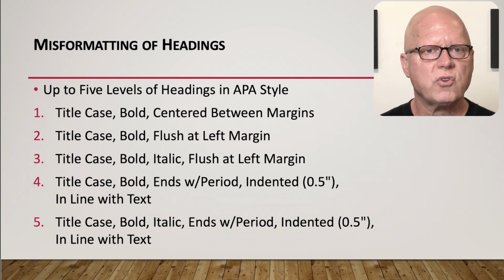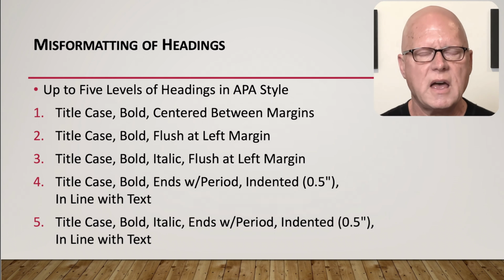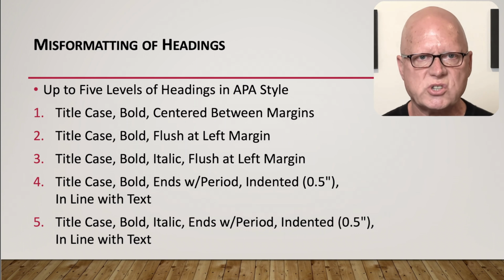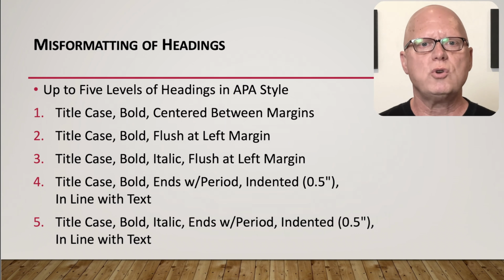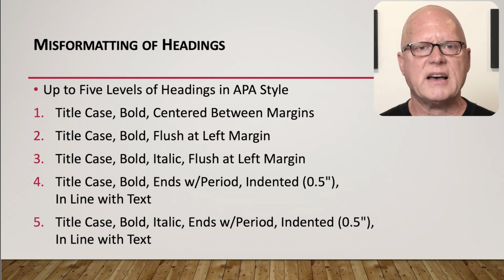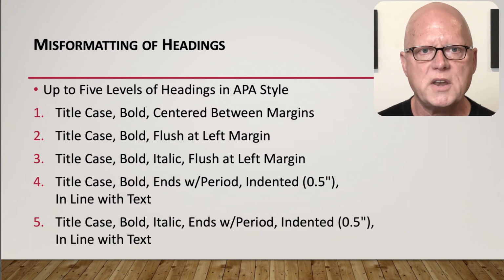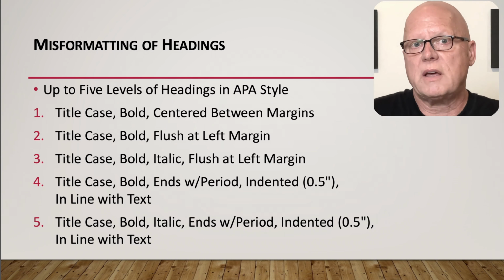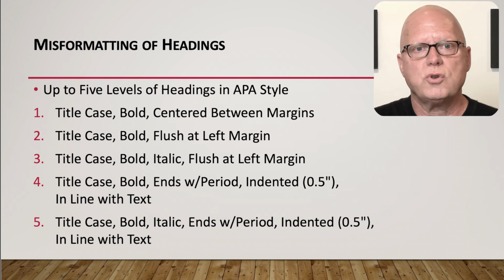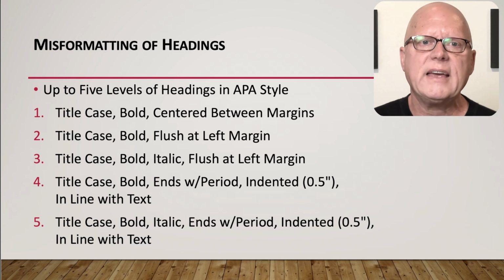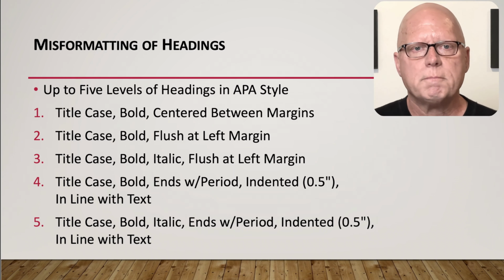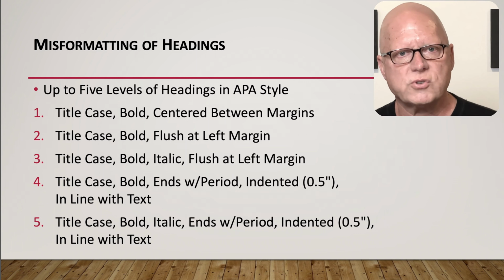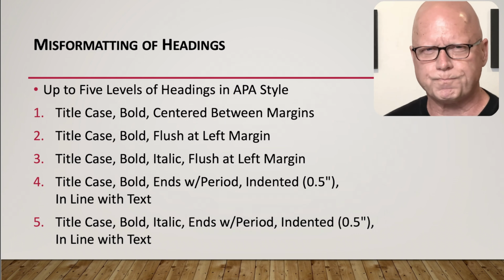These levels may be repeated as many times as necessary. For example, you may have a paper that has multiple level 1 headings, but no level 2 headings. Or you may use level 1 and level 2 headings, but no levels 3, 4, or 5 headings.